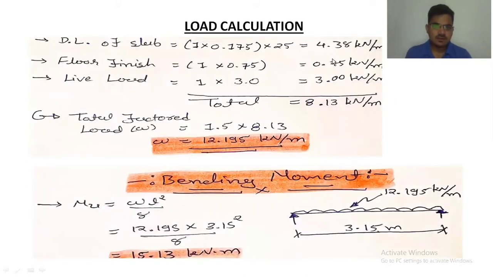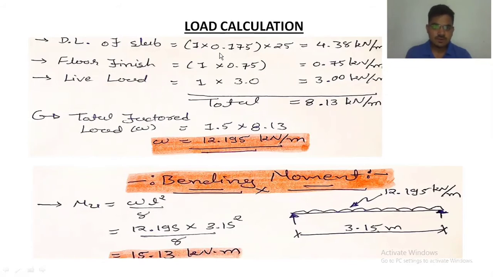Now we have to calculate our load. First we have to calculate dead load, and then floor finish and live load per meter run. I am calculating per meter width, and overall depth is 0.175 meter. Dead load is calculated by cross sectional area of slab into the density of concrete.